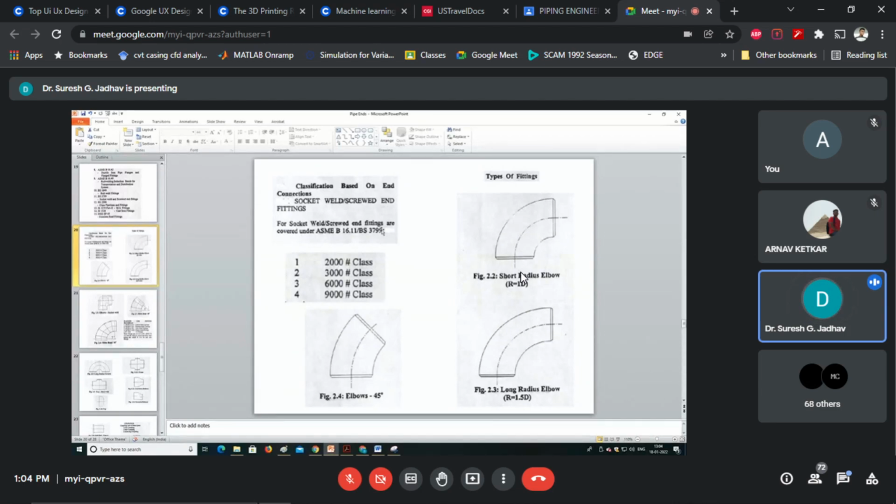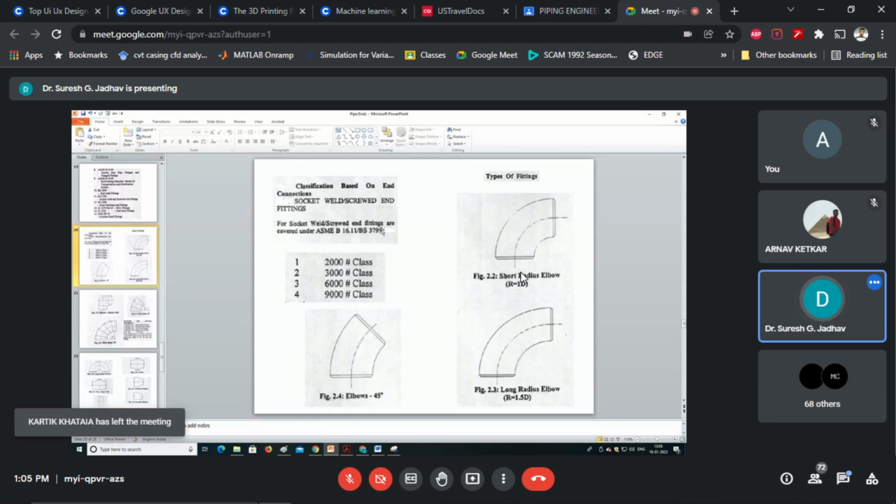The next material is forged alloy steels used for low temperature service as per ASTM A350. So that kind of materials are used for different kinds of pipe fittings.